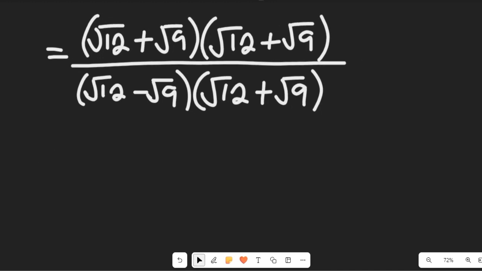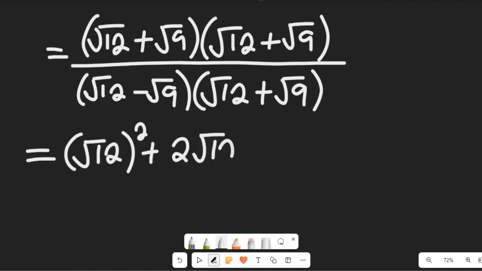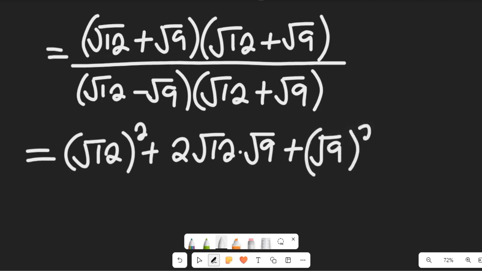Expanding the numerator, we have the square root of 12 squared, plus 2 multiplied by the square root of 12 multiplied by the square root of 9, plus the square root of 9 all squared.